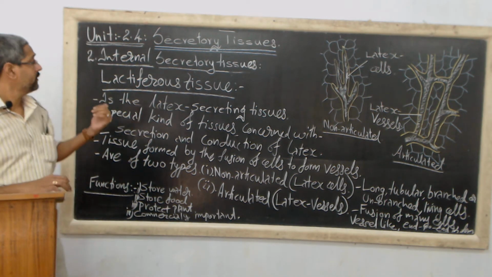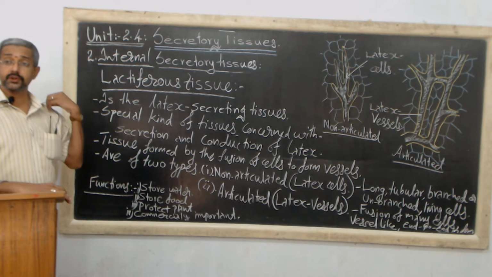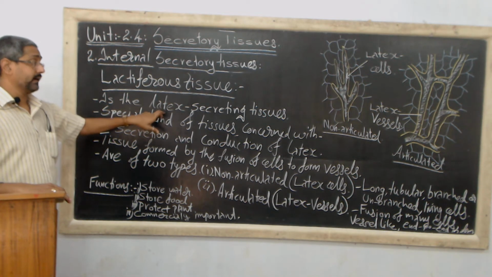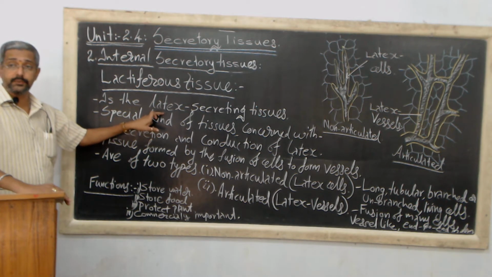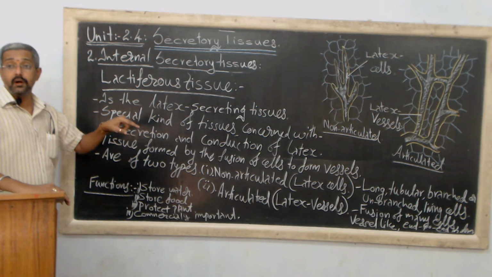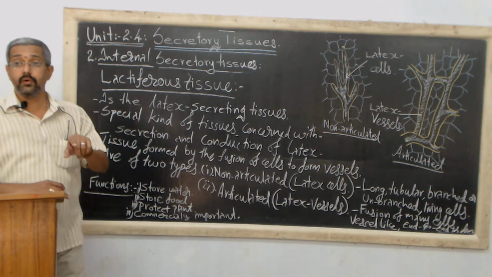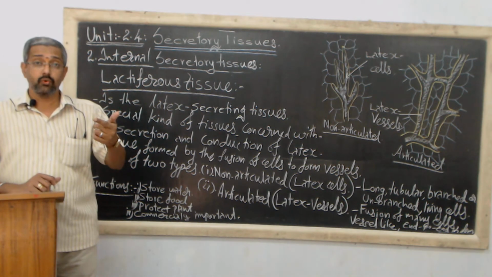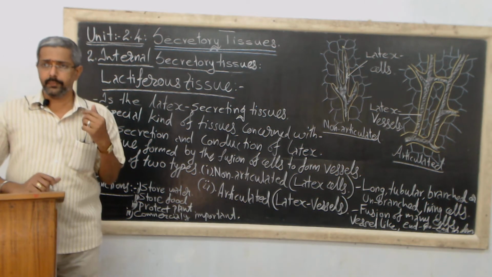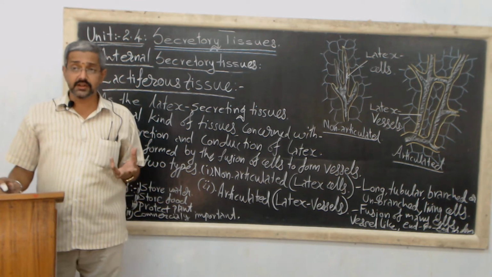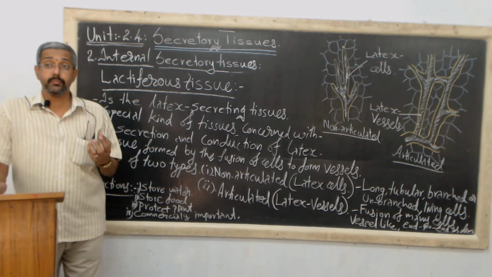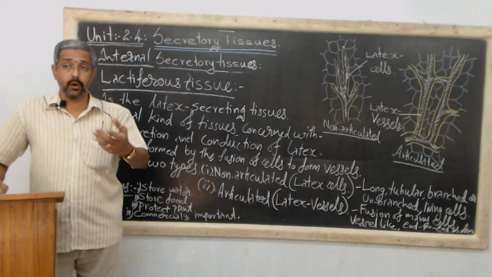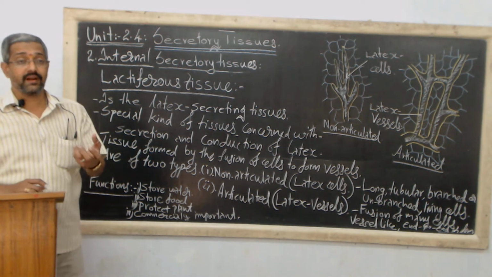So coming to the anatomical level, the laticiferous tissue produces the latex. It is a secreting tissue, and the latex includes so many proteins, as I already told you, so many crystals, and some types of enzymes, which cause the previously mentioned problem to other organisms.